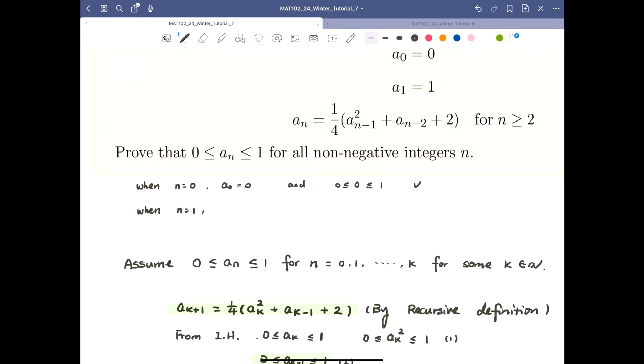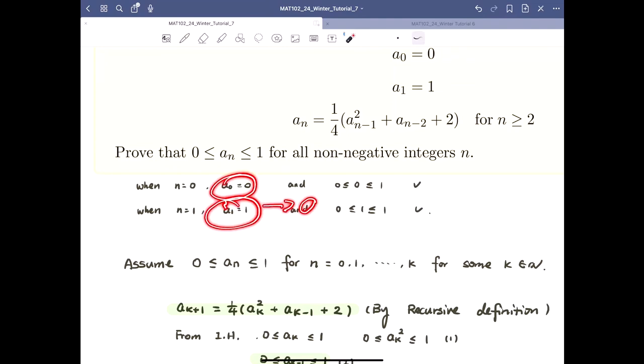You need both, you check them and use them to prove the next one. So A1 is 1, which is also in between 0 and 1. So the key here is we use those two base cases to prove A2. And then you use A1 and A2, you prove A3, and so on. So A0 and A1, you cannot prove them using the inductive step.